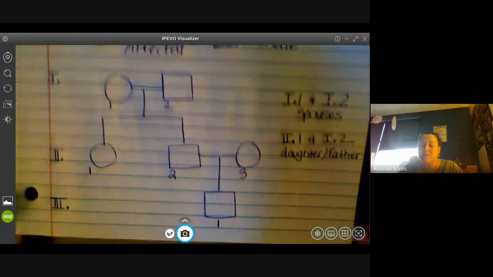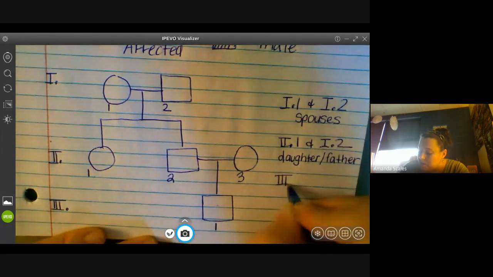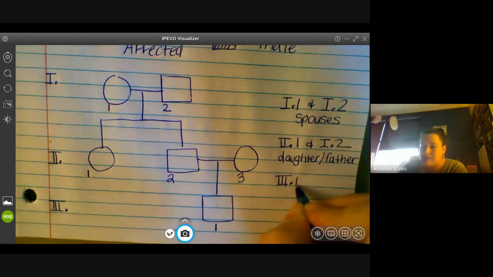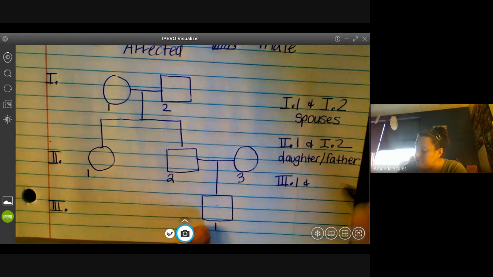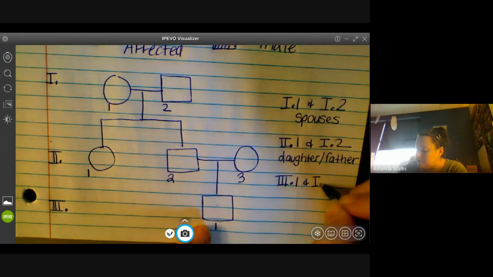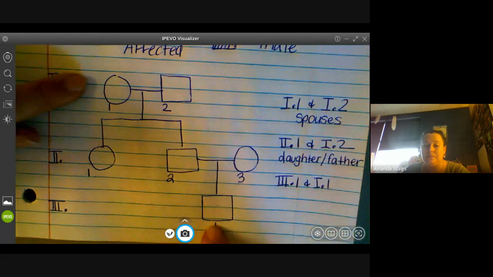Okay, for the next practice, we want to find the relationship between 3.1, which is the square down here, and 1.1. So we're looking at these 2 now.